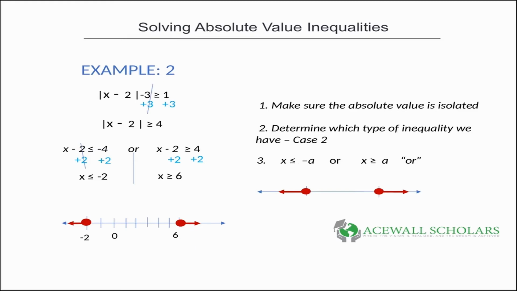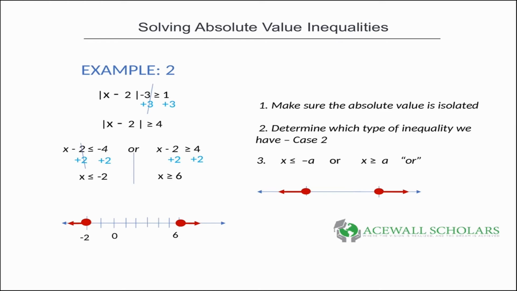Okay, so that means we have case 2. And case 2 has this solution form, where we will have x is less than or equal to negative a, or x is greater than or equal to a. The or is what we use for case 2. And our graph will follow this model.